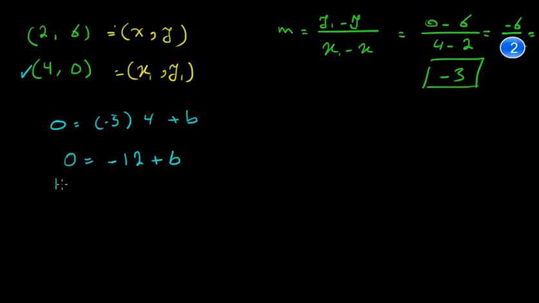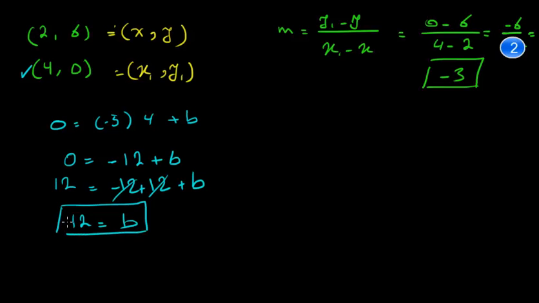We add 12 to both sides, these two cancel out, and we'll have 12 equals b. We have the same intercept. So the equation for the line, y equals mx plus b, is going to be y equals minus 3x plus 12.